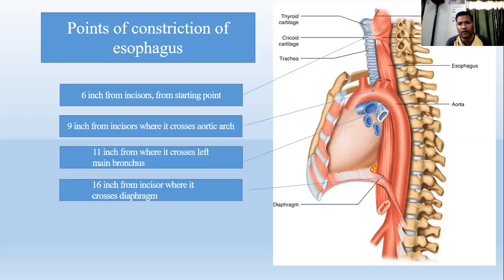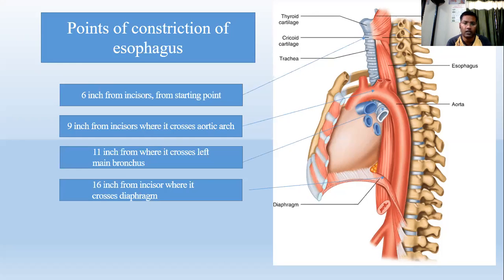Next and last part is where the esophagus enters the diaphragm and opens into the cardia of the stomach. This is 16 inches from the incisors, where it crosses the diaphragm. So this is the fourth part where obstruction may happen.